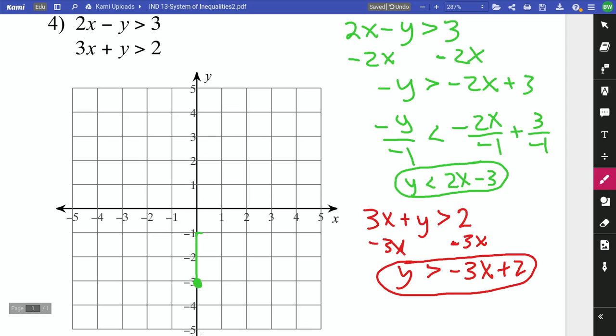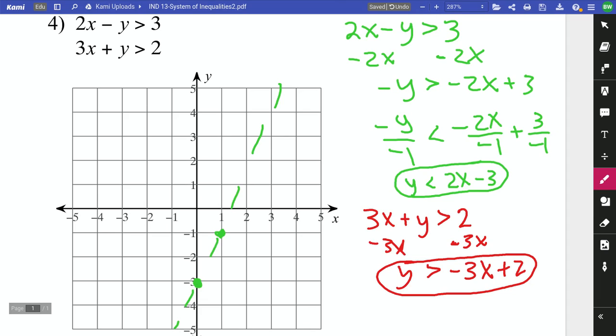Rise of 2, run of 1 gets us to there. And now this one is just less than, and so we make the dashed line. So practice my dashed line skills here. Something like that.